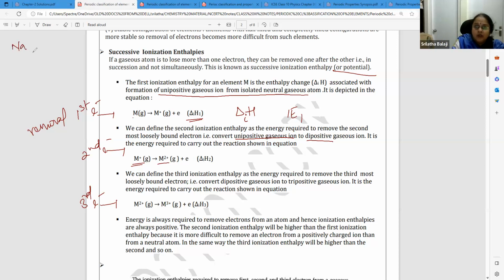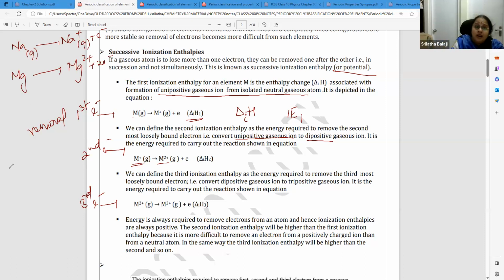Sodium will form Na plus, if there is only one electron that sodium can lose to get stability. You are aware of this. Now, when it comes to magnesium, how do you show magnesium? Mg forms Mg2 plus and 2 electrons, you will see. It's not a one-step process. That's something that you have to remember.